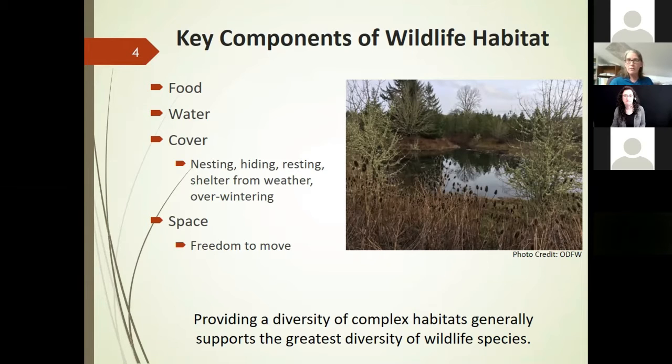So you might not be able to provide for a habitat specialist like the Western meadowlark on your property unless you can provide those big expanses of grassland. But if you provide a variety of complex habitats, that's going to be great for a variety of wildlife species.